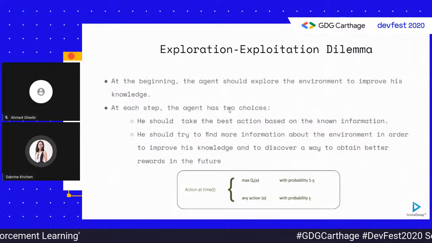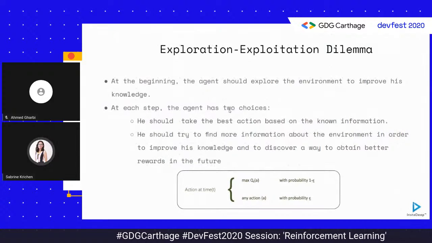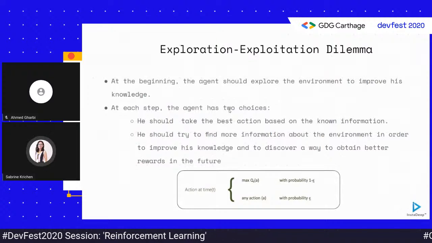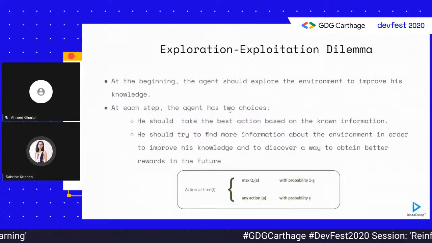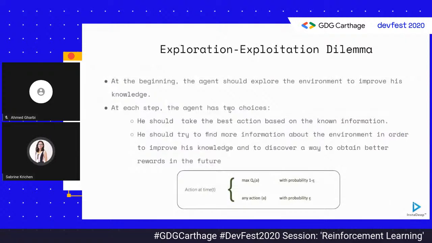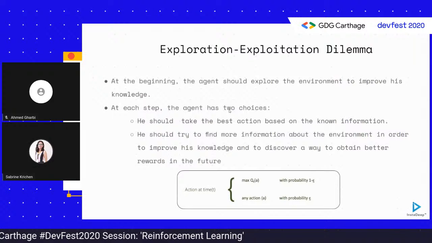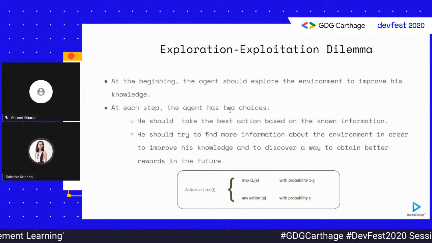At the beginning, the agent should explore the environment to improve its knowledge, and by exploring the environment, we mean that at the beginning, the agent should choose random actions. And then at each step, the agent will have two choices.